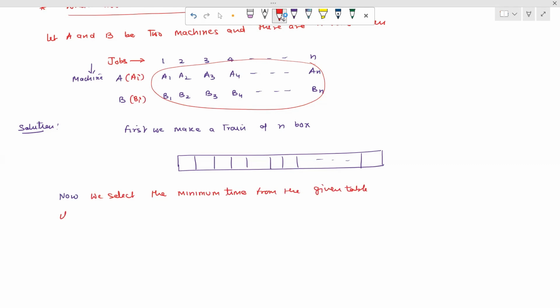So now we see that if the minimum time is in AI, if the minimum time is in machine A, so then we start to do the job in the first box. So we start, that means this is our train.